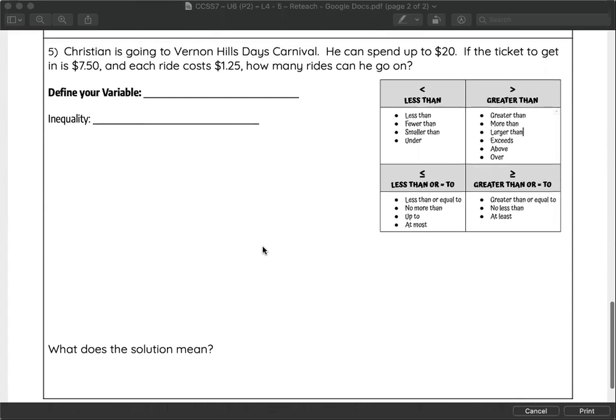All right, one more. Christian is going to the Vernon Hills Days Carnival. He can spend up to $20 if the ticket to get in is $7.50 and each ride costs $1.25. How many rides can he go on? So I've circled my numbers. Let's highlight some key words.